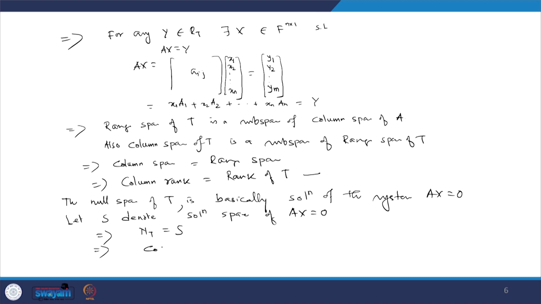So, this implies column rank of A plus, because column rank of A is equal to rank of T, plus nullity of T equals dimension of V, or column rank of A plus dimension of S equals dimension of V, please, which is equal to n, please. Okay.